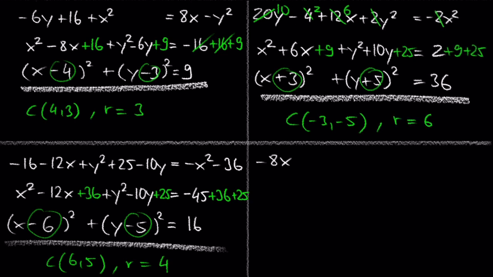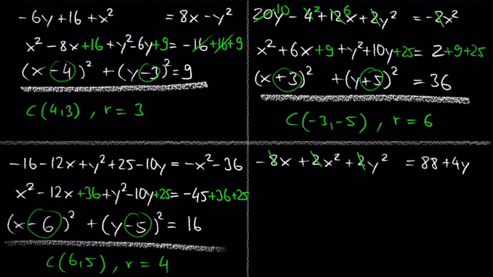Negative 8x plus 2x squared plus 2y squared equals 88 plus 4y. Recall that we have to get rid of the coefficients of x squared and y squared. So we have to divide the whole equation by 2.